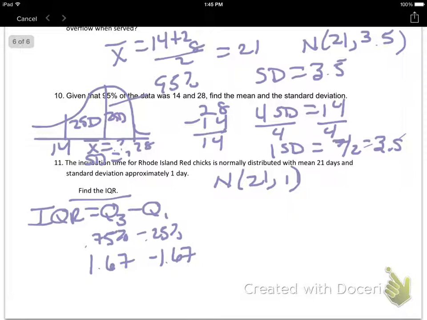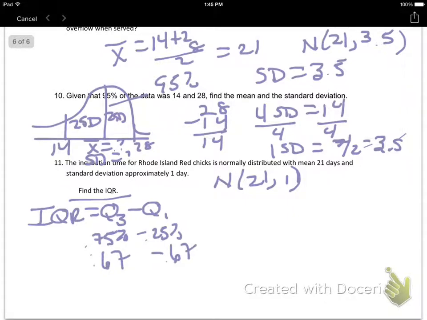So negative 1.67, no, is it 0.67? Okay, so I got that wrong. Excuse me. It's 0.67 and negative 0.67.